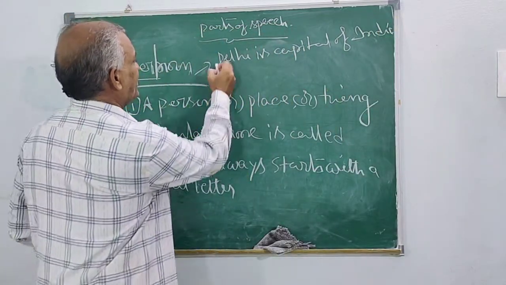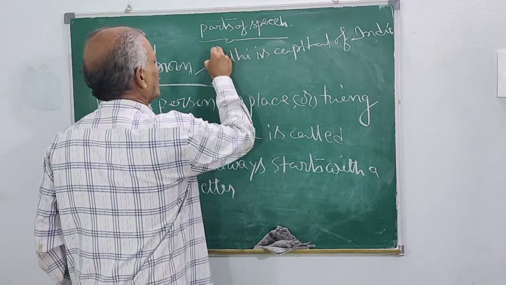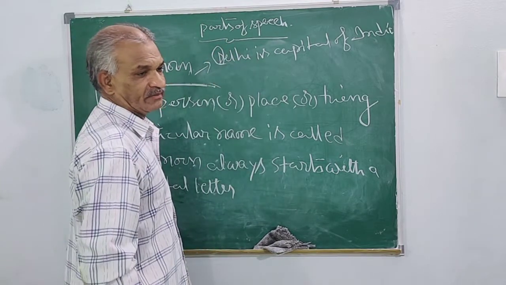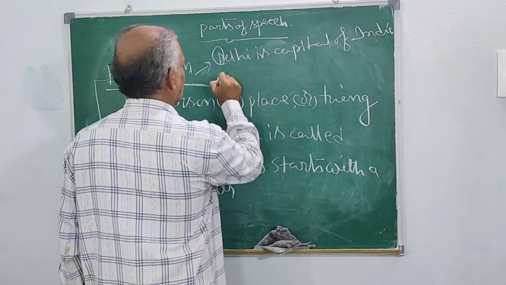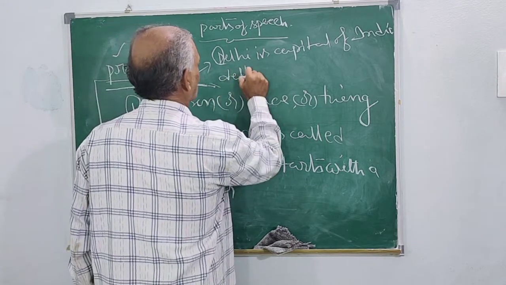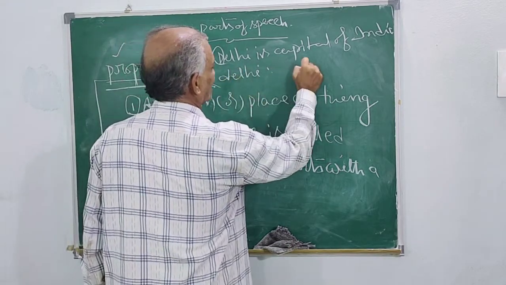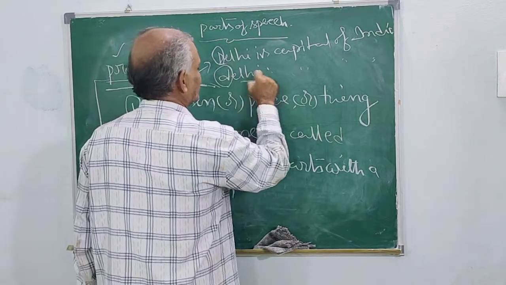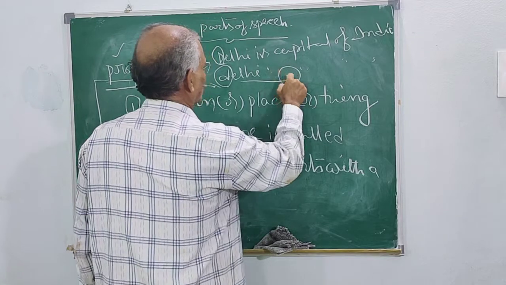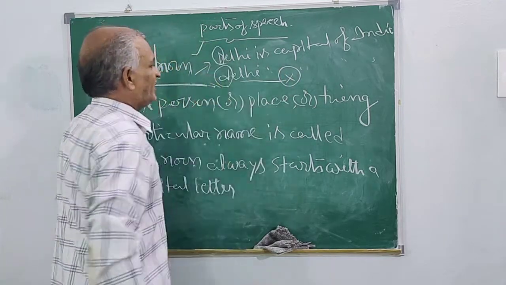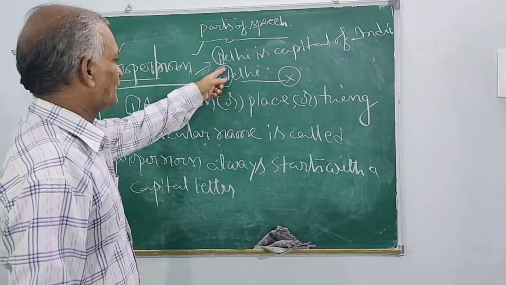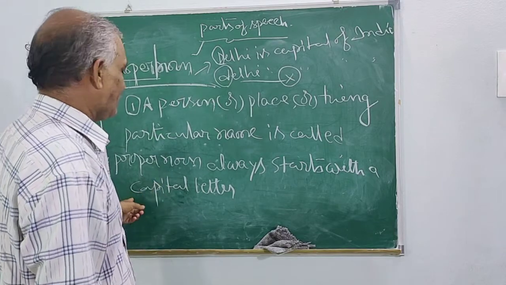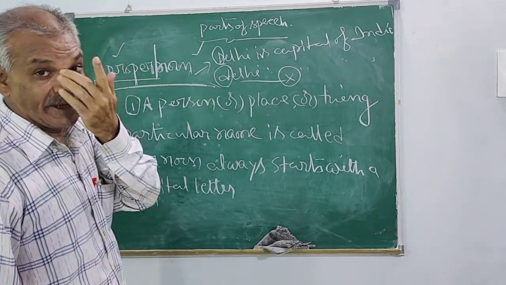So in Delhi, D should be capital. But you should not write it like delhi is the capital of India. This is wrong. Why? Because it is a proper noun. So a proper noun always starts with a capital letter.